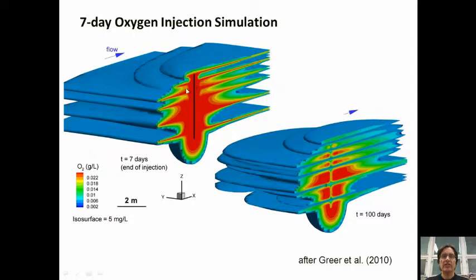So we can see now with a 7-day injection, we've got excellent dispersal of oxygen into the matrix and fractures. After 100 days, we can see the fractures are being washed now because we've got lower oxygen concentrations coming from up gradient, so the fractures are washed, but we get oxygen remaining in the matrix.